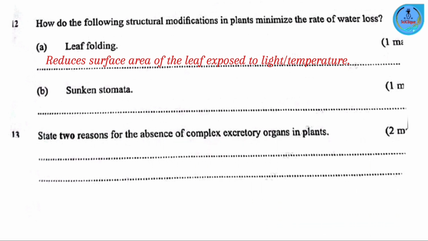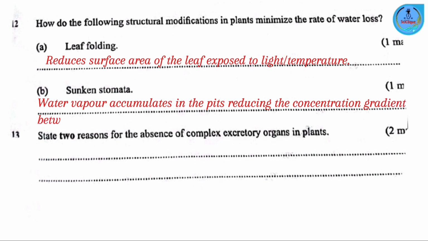Part B, sunken stomata. Okay. Now, this is something that I actually want to explain in detail because when it comes to sunken stomata, I find that some students tend to be confused on what sunken stomata are. So let me briefly explain.